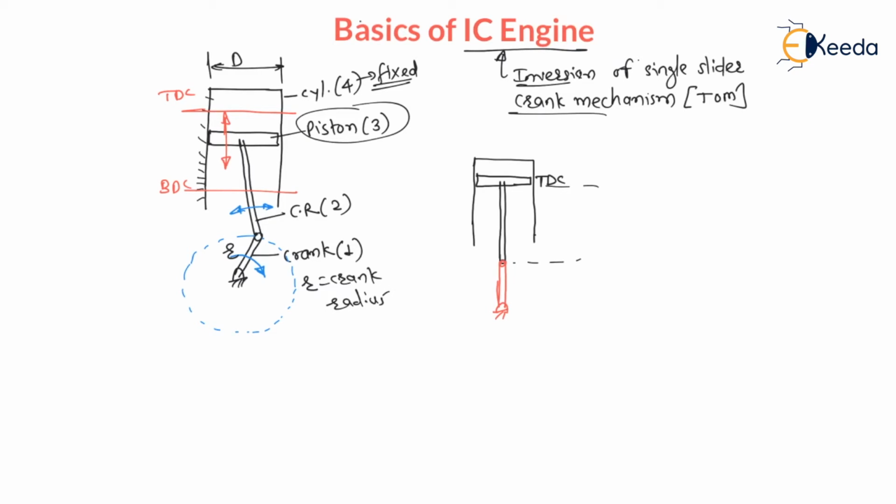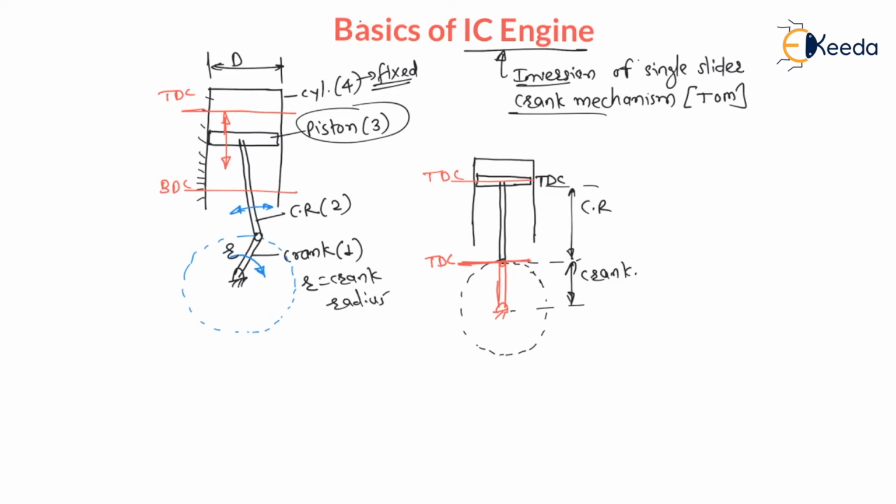This much is a connecting rod and this much is a crank, right? And this crank is rotating. Therefore, whenever the connection between crank and connecting rod is at this position, the piston will be at top dead center, TDC. This is the TDC position, right?